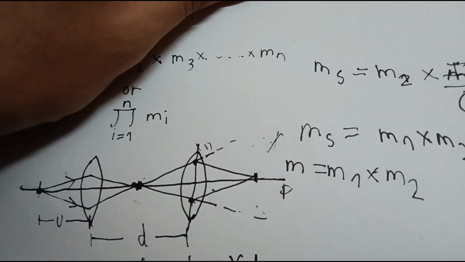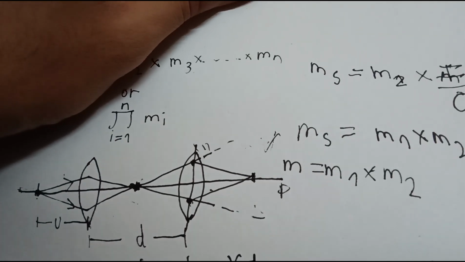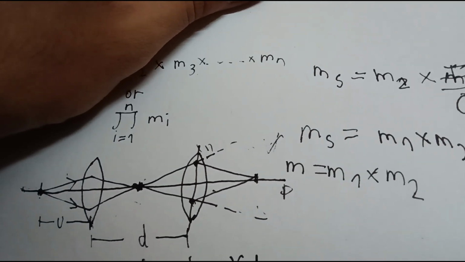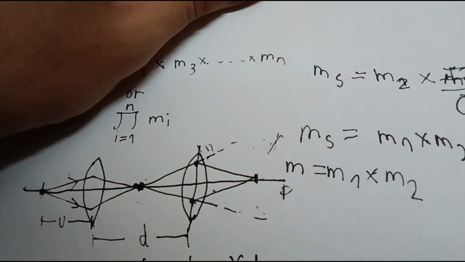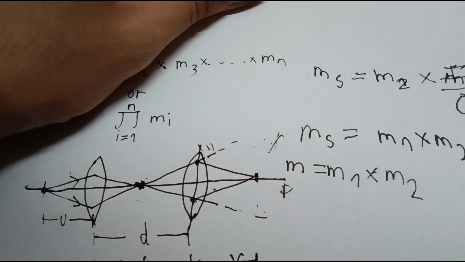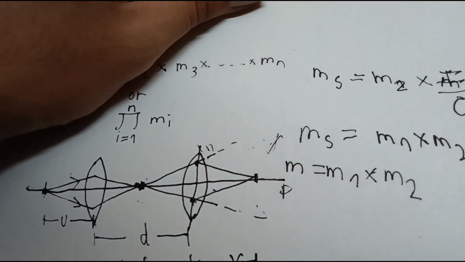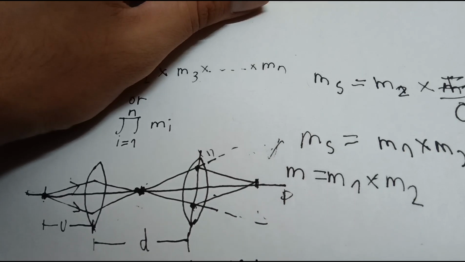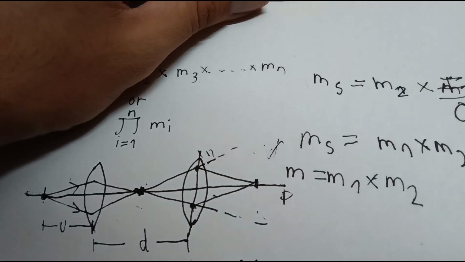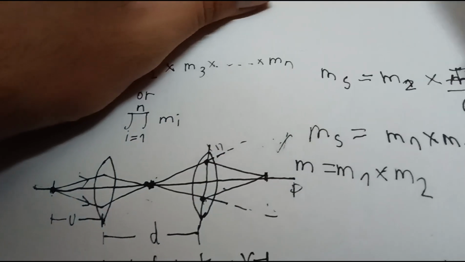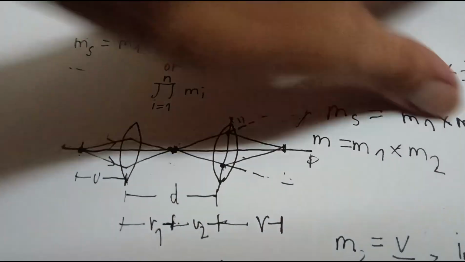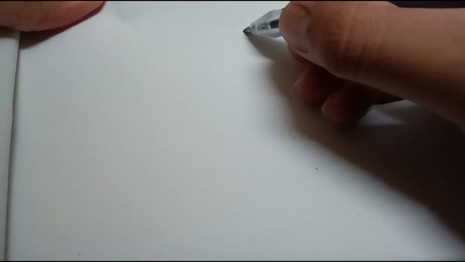But you might say that, oh, this is just 2 lenses. What if there are n lenses? Let me tell you about 10 lenses. Now this will be real fun.